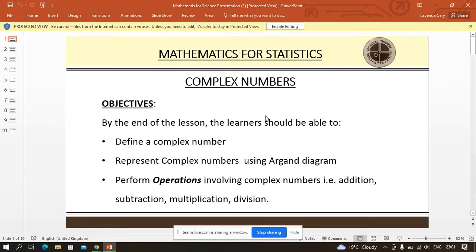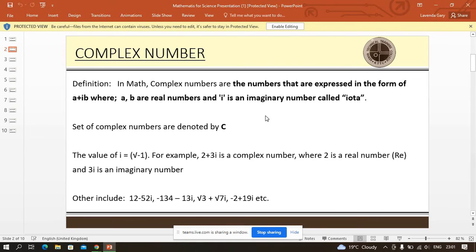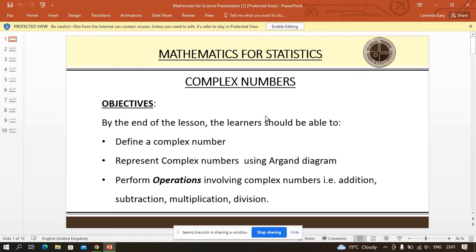Now, let us go straight to the topic of the day, as we had stated the objectives. What is a complex number? Any trial, Joseph? Any trial on complex numbers definition? Who can define for us a complex number?